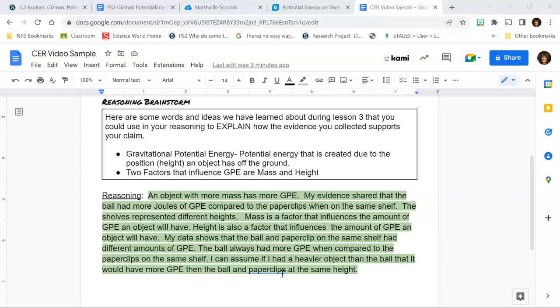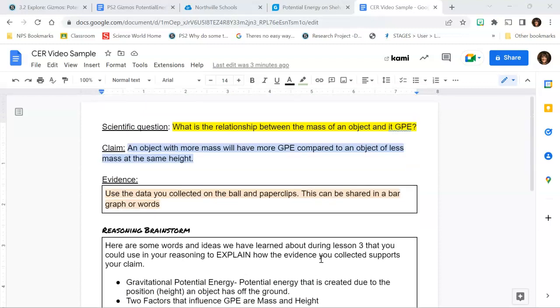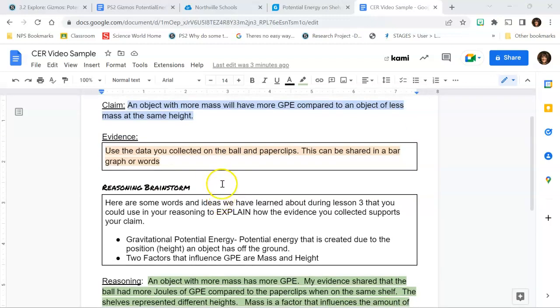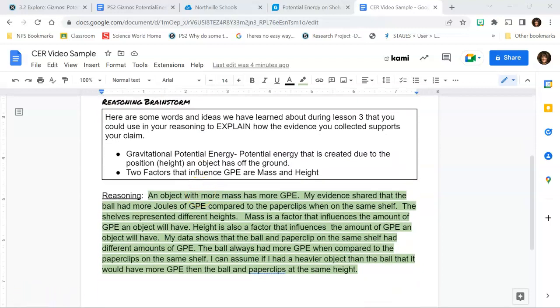I hope this video helped you write your claim, evidence, and reasoning for the scientific question that you are investigating. Remember, you need to collect data and use that data to support your claim, and then you need to reason by using what you've learned about something in science and how it connects to the data you collected and how it supports why that data supports your claim.